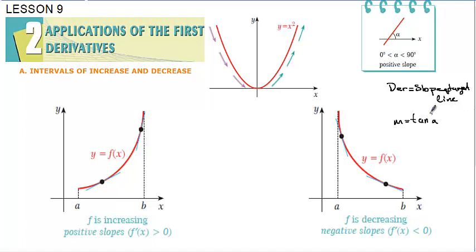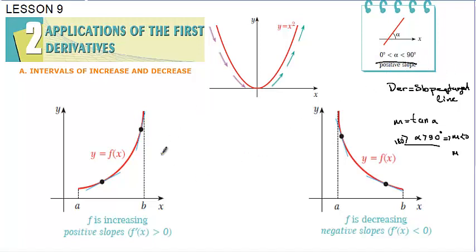So when alpha is between 90 and 180 degrees, the slope m must be less than 0. And when it is between 0 and 90 degrees, as it is written here, m must be a positive slope.